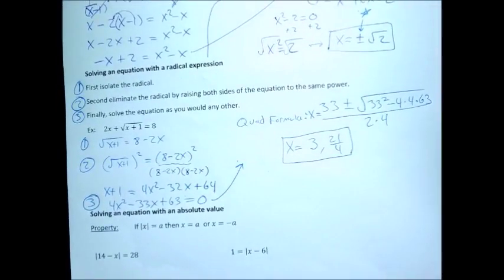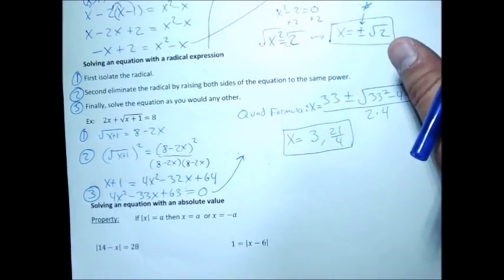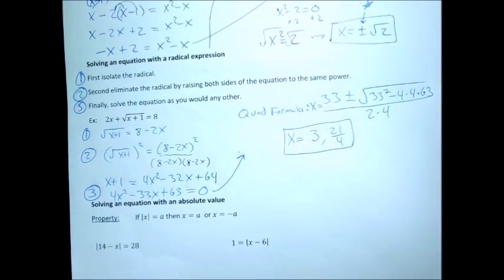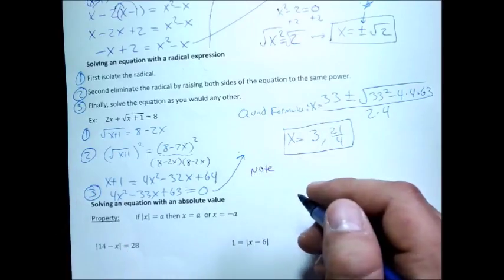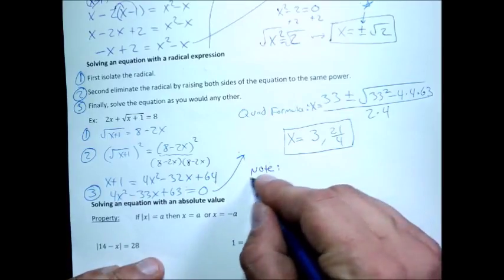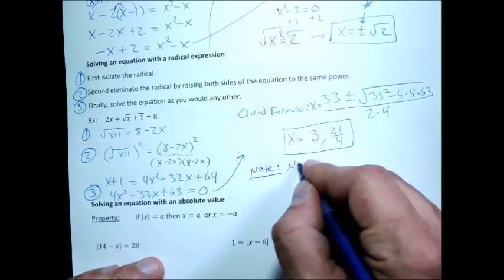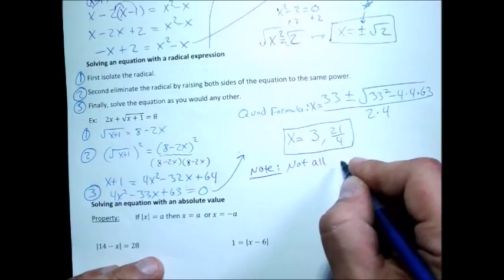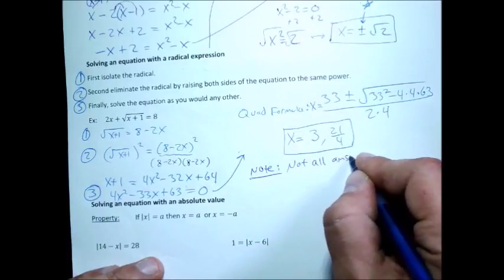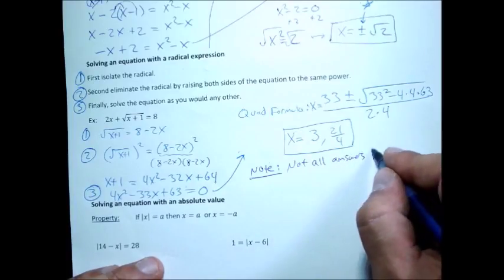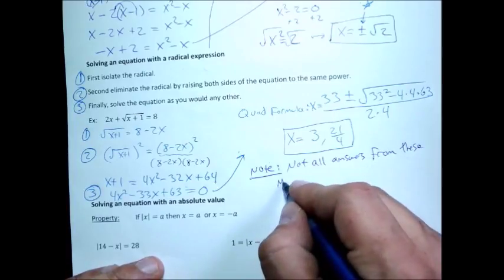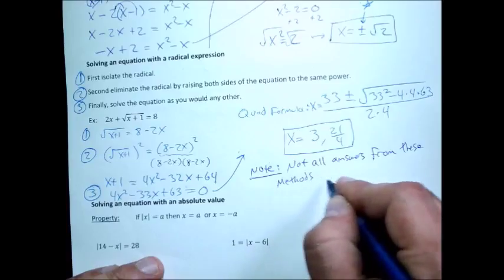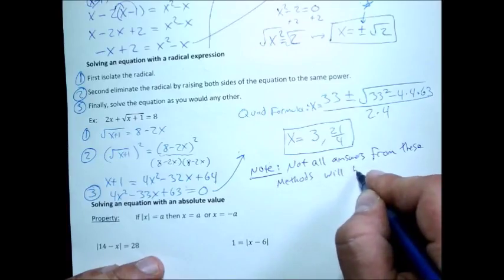Okay, so there's a really important point, and if you listen right now, you're going to save yourself a lot of frustration on the homework. I would recommend writing this down. Note: not all answers you get from this method will be correct. And I know that seems very strange, but I'll explain why in a second.